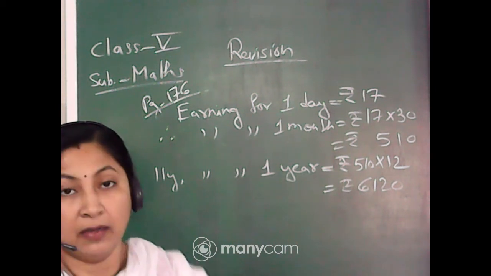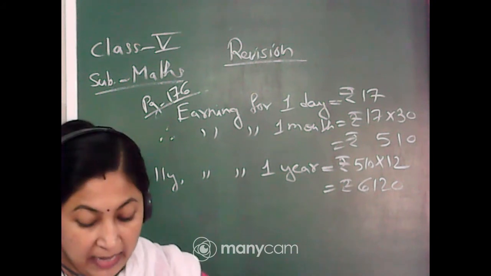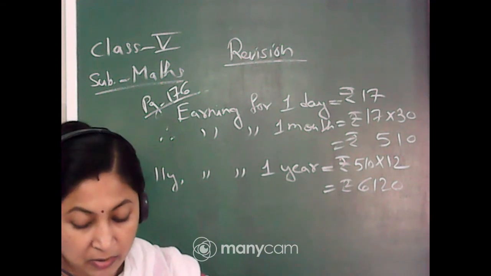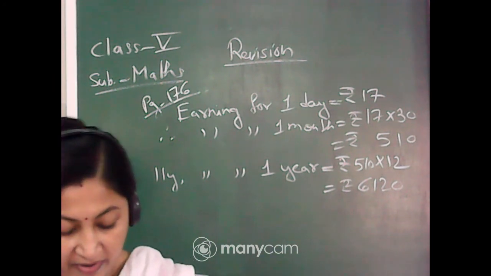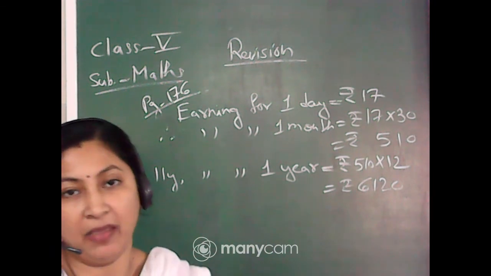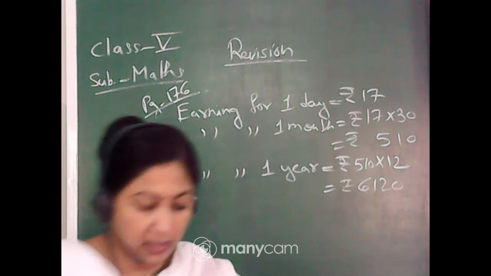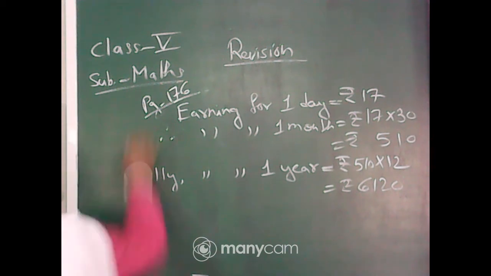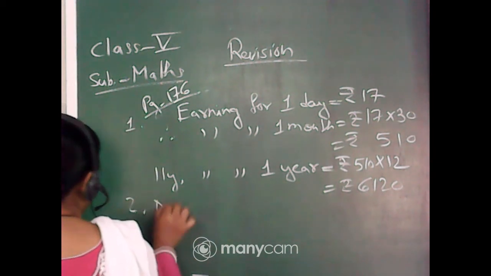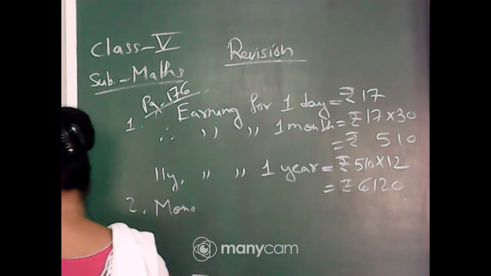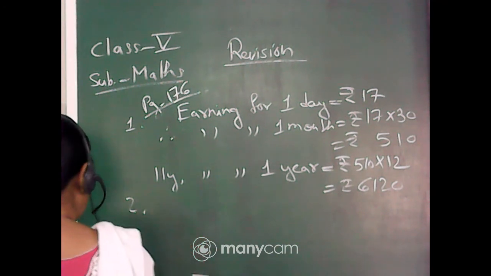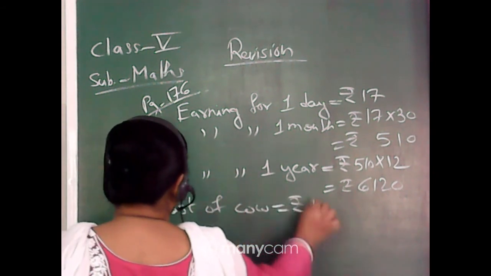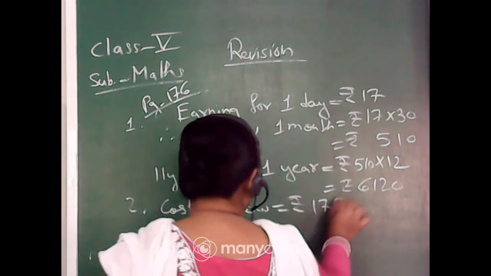You have to find how much the government is spending on the cow. The cost of the cow is given as 17,500, and she has paid rupees 5,500. So what you will do? Direct subtraction, so directly you will subtract. Here you will write cost of cow is equals to rupees 17,500.